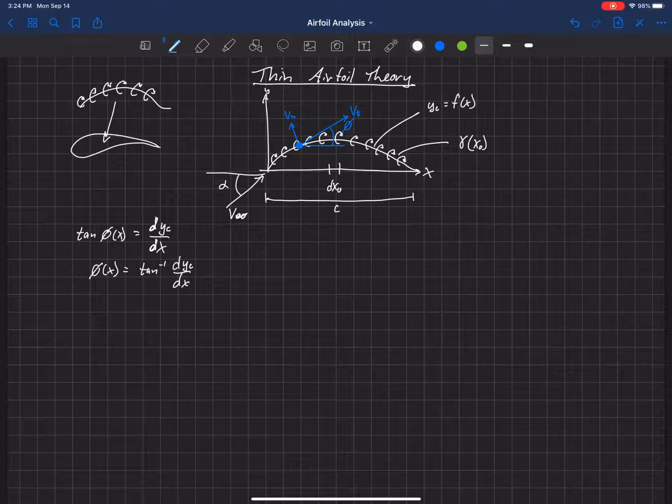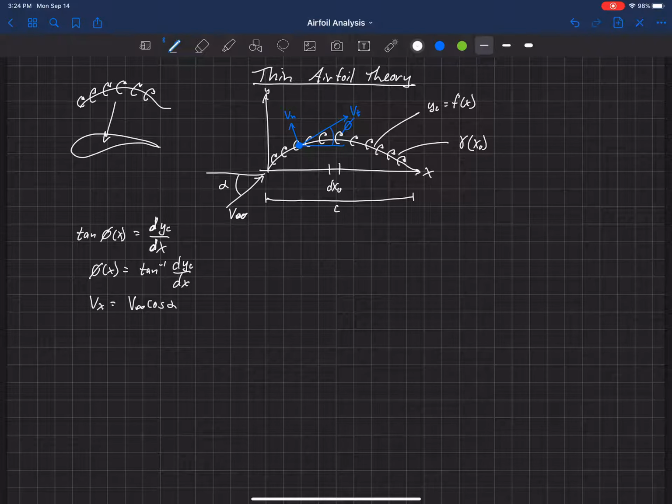Okay. So now let's write the velocity in the x direction at this point here, at the point of interest. Well, that velocity is the summation of the free stream velocity plus the velocity induced by the vortex sheet itself. And so the velocity in the x direction would be V infinity cosine of alpha.